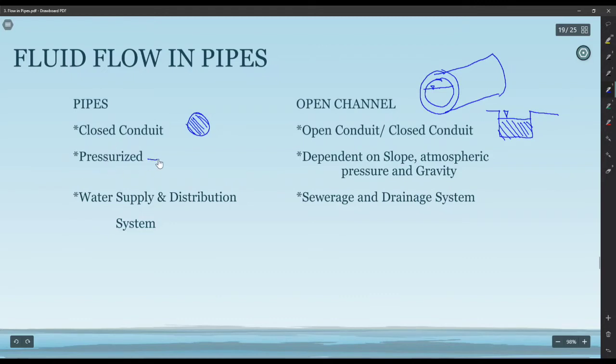So, itong pressure na to can come from pump para ma-pressurize siya, or ito yung tumutulong para yung tubig is maparating natin sa malalayong location. And sometimes, mamaya doon sa sunod nating ipapakitang slide, elevated to.